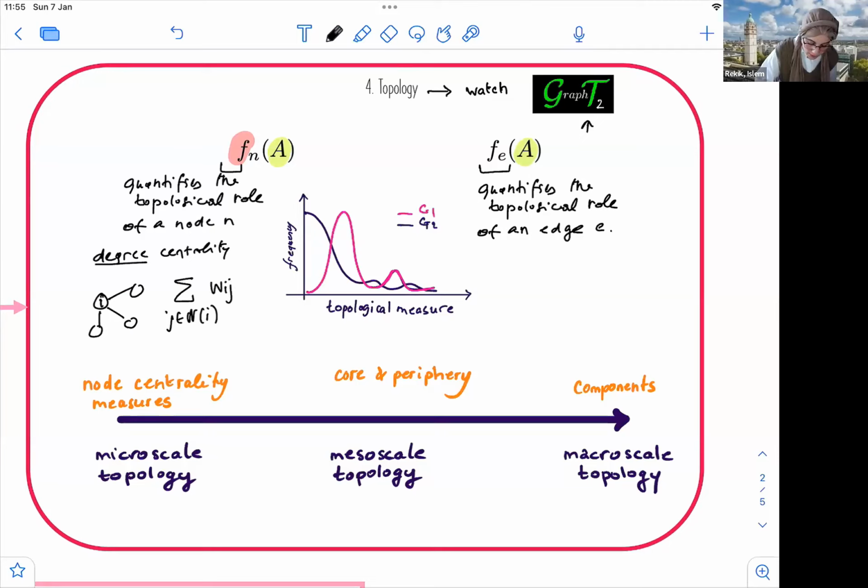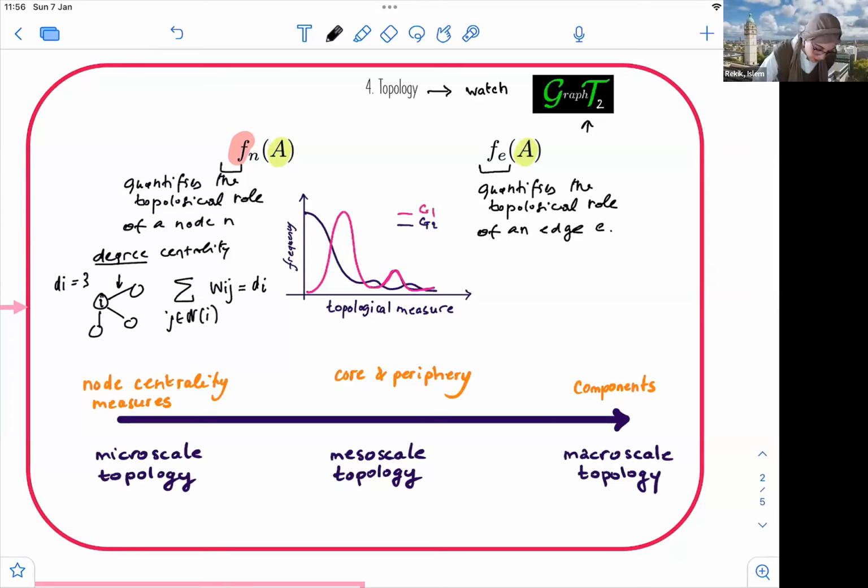So here you can see this is the strength of node i. Or the degree, let's call it degree, because degree we use for binary graphs, strength for weighted graphs. So di, in this case, is equal to 3. So it's very simple, actually. That's the degree centrality.